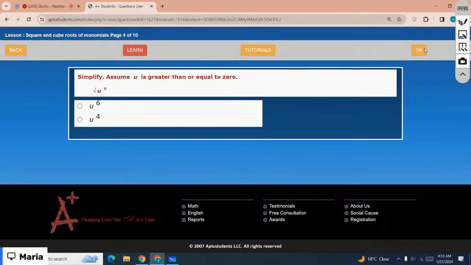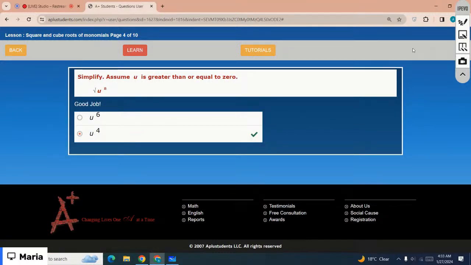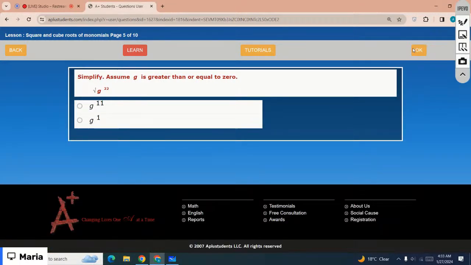The correct option is yes, that is u^4. The next one is simplify square root of g^22, which is the correct option?